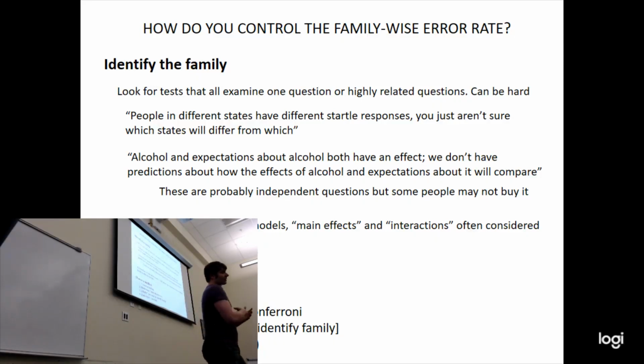Different subfields have different conventions about which correction procedure they prefer to see. You often see this third procedure, Scheffé tests, in textbooks. I don't see it as often in papers anymore, but I'm going to teach you how to do it.